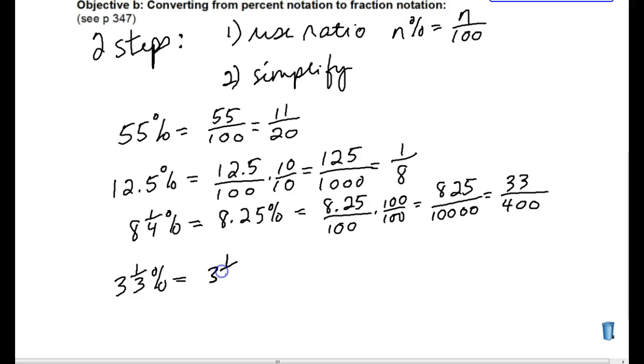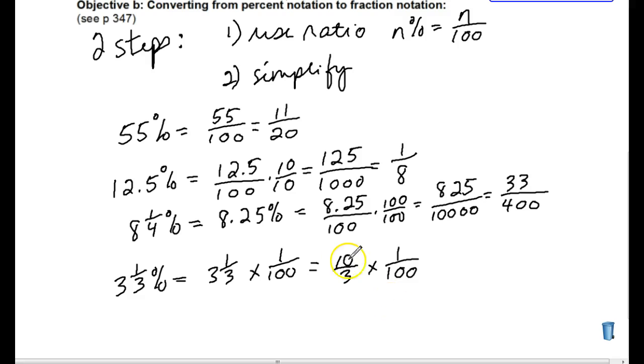Remember, when you're multiplying fractions and there are mixed numbers involved, this 3 1/3 I'm going to convert to an improper fraction. 3 times 3 is 9, 9 and 1 is 10. That's 10 over 3. I'm going to multiply it by 1 over 100.